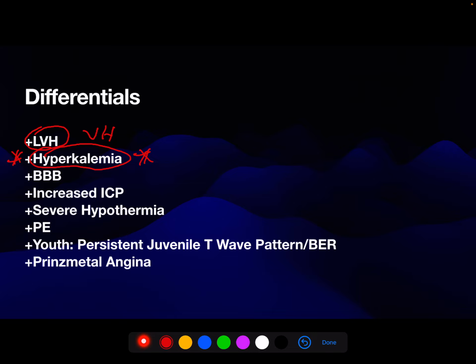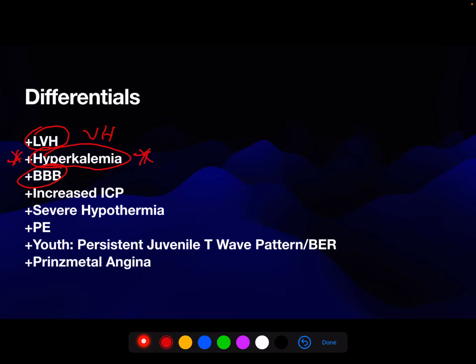So history that suggests hyperkalemia is incredibly crucial to ascertain. Bundle branch blocks are also notorious for causing ST changes and T wave morphology changes, specifically left bundle branch blocks, but right bundle branch blocks can do it as well.